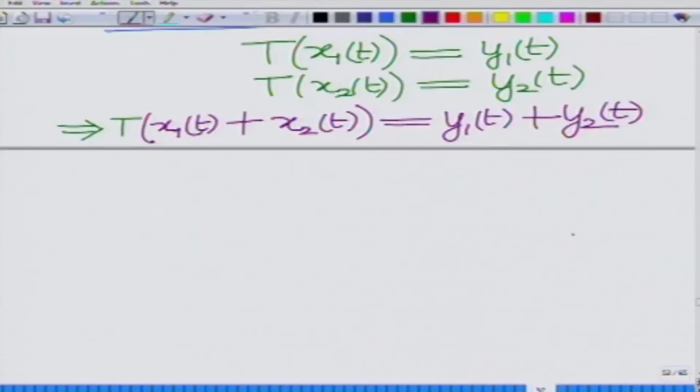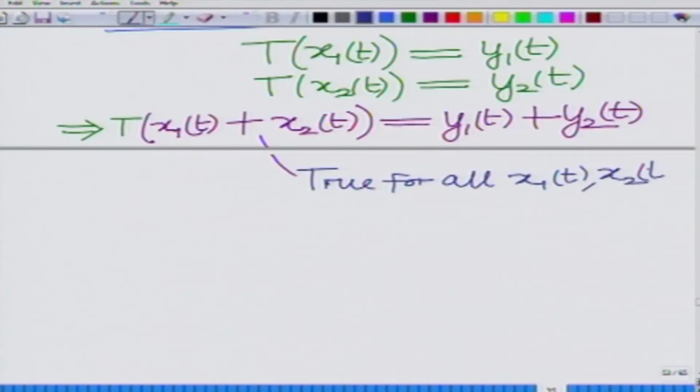This has to be true not just for a chosen x1(t), but for all x1(t), x2(t).